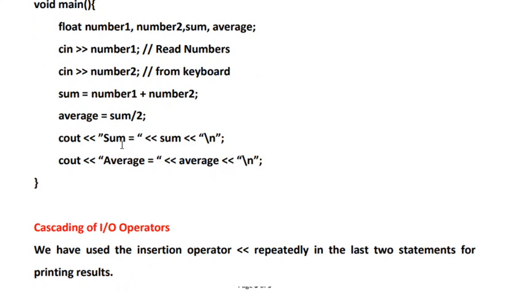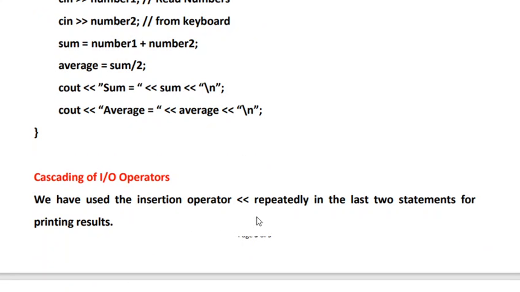So now the next important aspect of C++ programming is the cascading of input-output operators, right? We have used the insertion operator. This is the insertion operator that we have repeated in the last two statements for printing results.